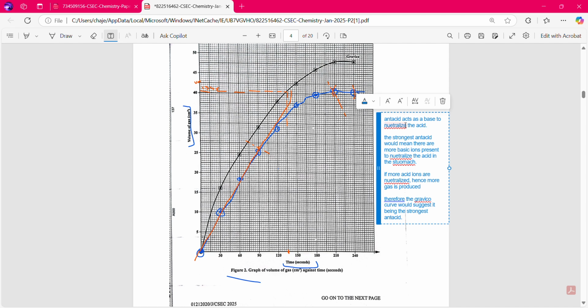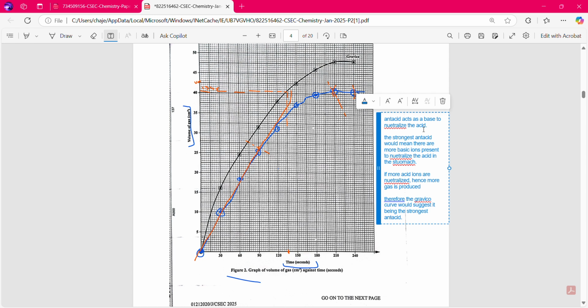So it says antacid acts as a base to neutralize the acid. Right? The strongest antacid would mean that there are more basic ions present to neutralize the stomach acid. And the more acid ions you're neutralizing, the more gaseous ions, or the more volume of gas you're going to produce.